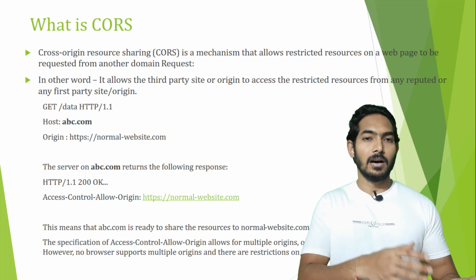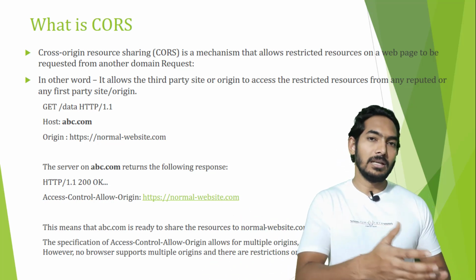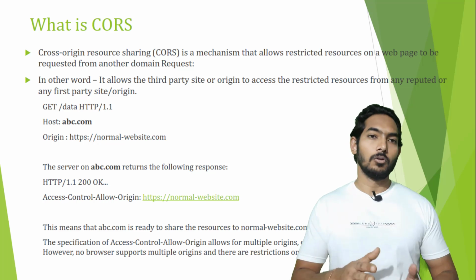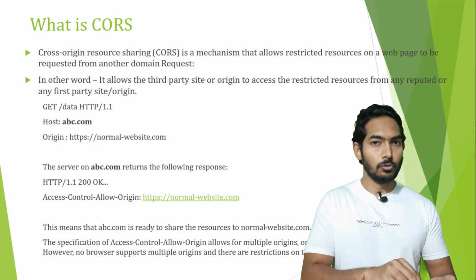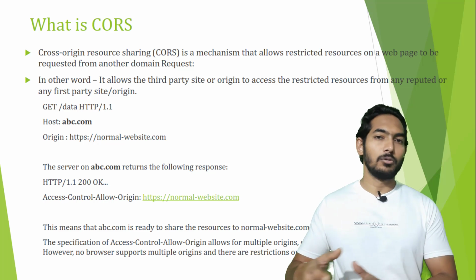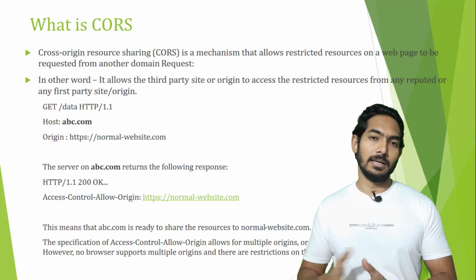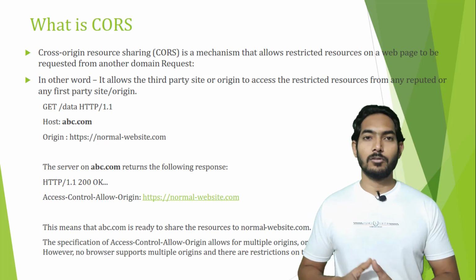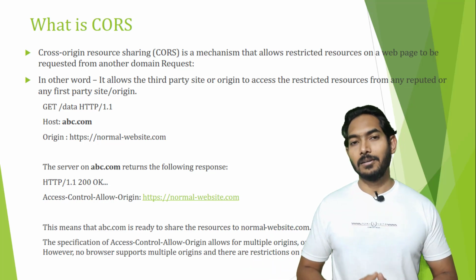Let's say YouTube is trying to access some data of Google, which it needs for some purpose. If Google is not allowing its data to be shared, YouTube won't be able to do a certain task, so it has to be there. So Google is allowing YouTube to access its resources.